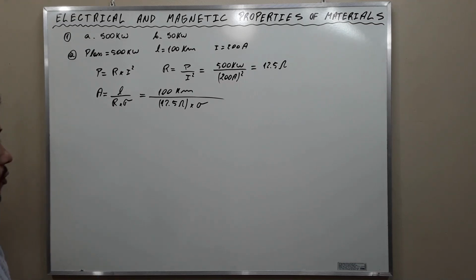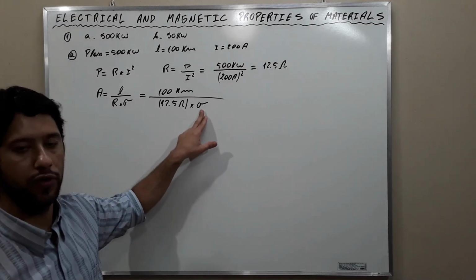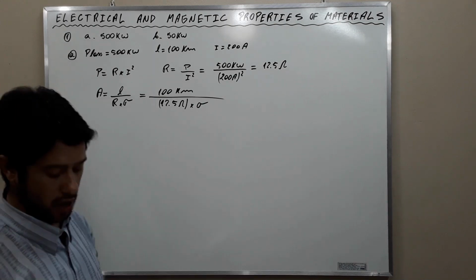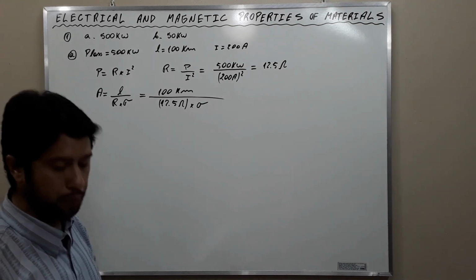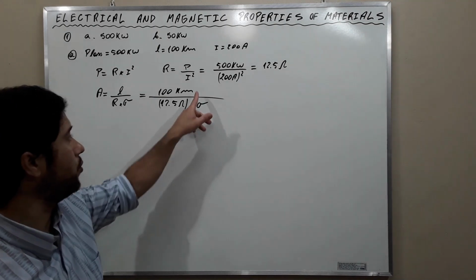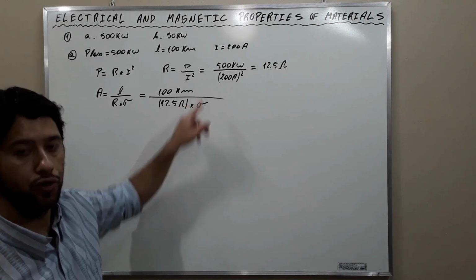But if we refer to a table, the conductivity is frequently given per centimeter. Then we need to convert kilometer to centimeter.